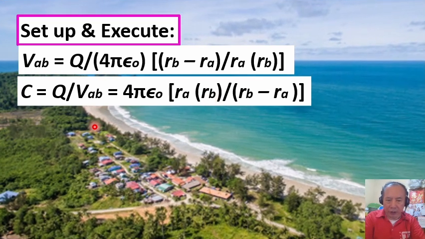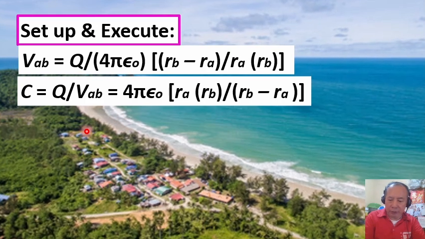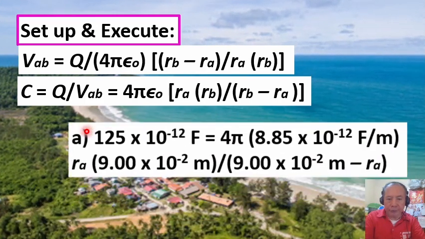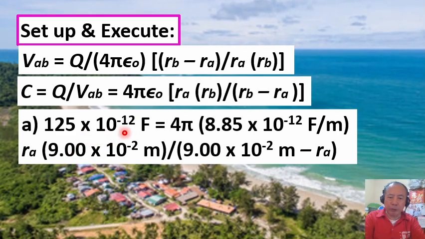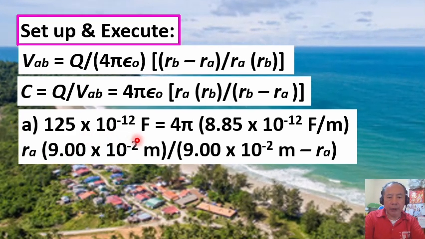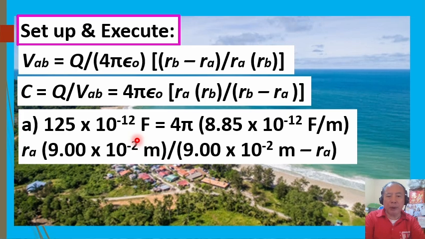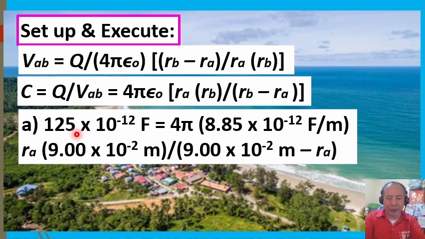Substituting our quantities, we get 125 times 10 to the negative 12 farad, right? 125 picofarad is already converted to farad here.